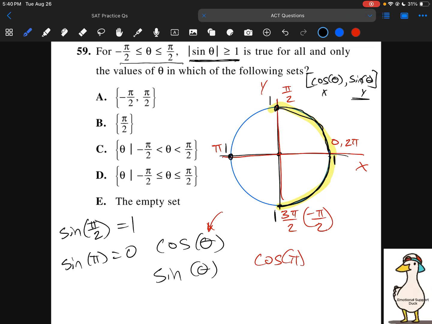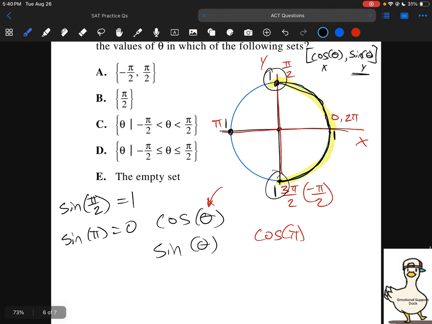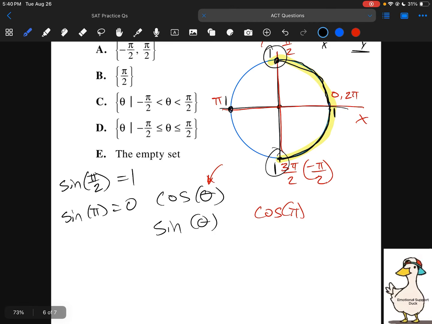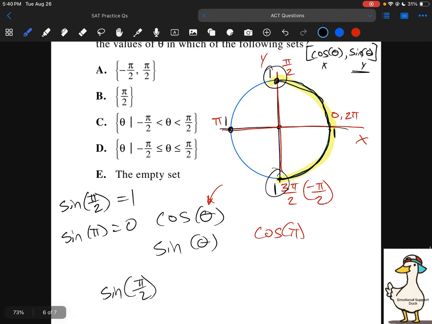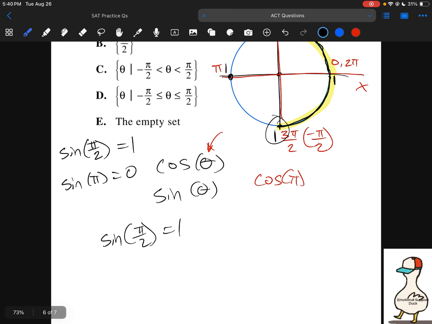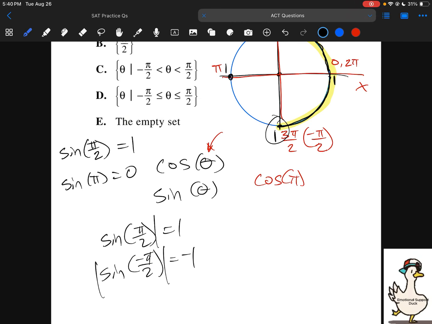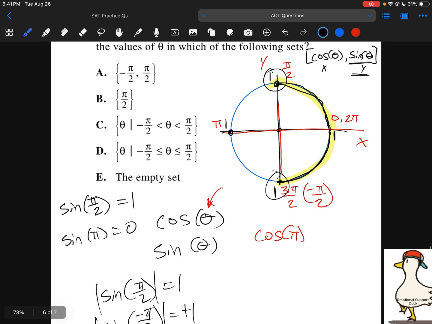So you're only at 1 here and here for the absolute value of sine of theta, which means that sine of pi over 2 on this unit circle is 1 unit up, sine being on the y-axis, and sine of negative pi over 2 is negative 1. But since we're taking the absolute value, this becomes positive 1 also. And every other point along the unit circle is going to be less than 1.